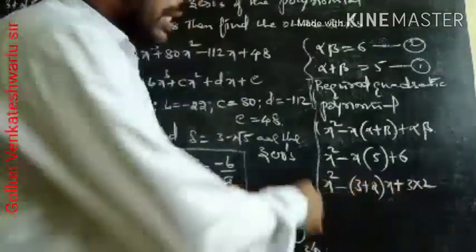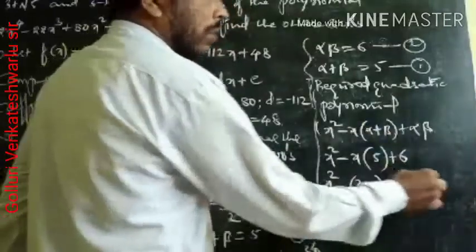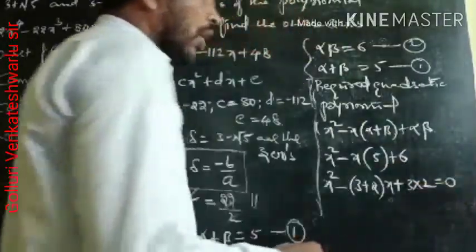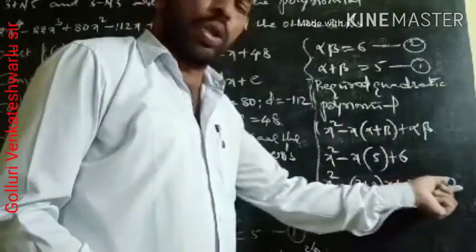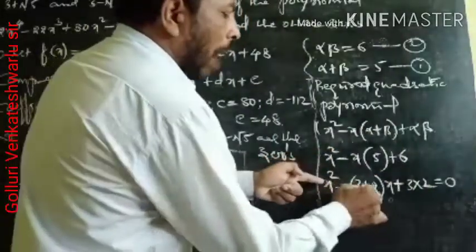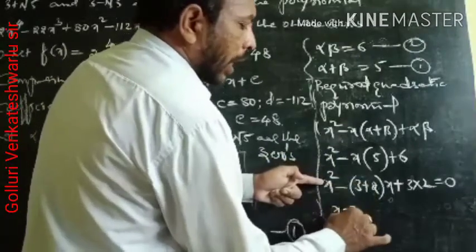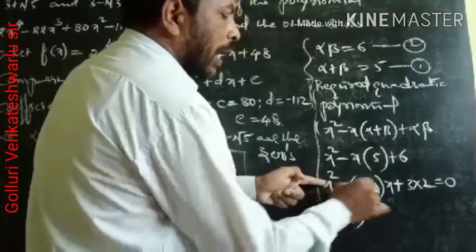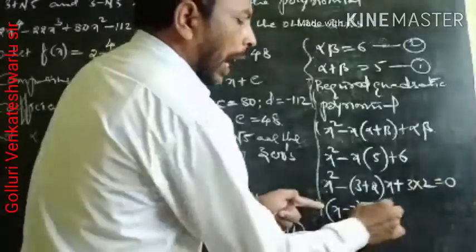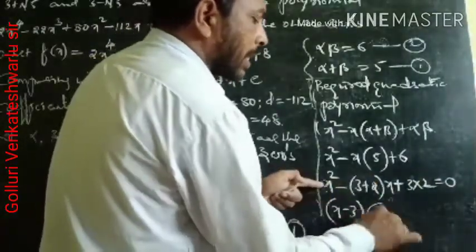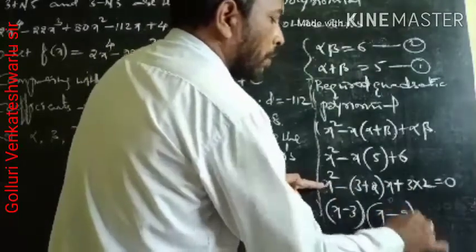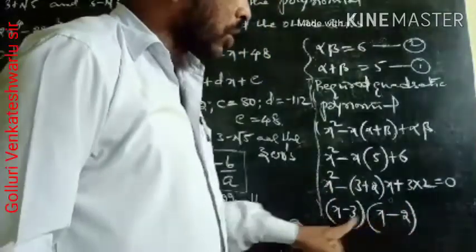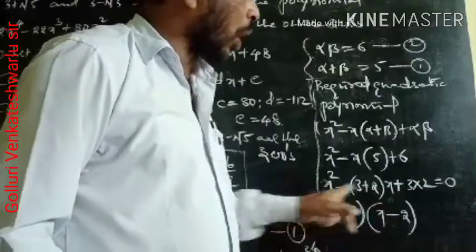So resolving into factors and equalizing to 0 while finding zeros of the polynomial, x minus 3 is a linear factor of the polynomial, and x minus 2 is another factor. The product of these two linear factors becomes a quadratic polynomial.